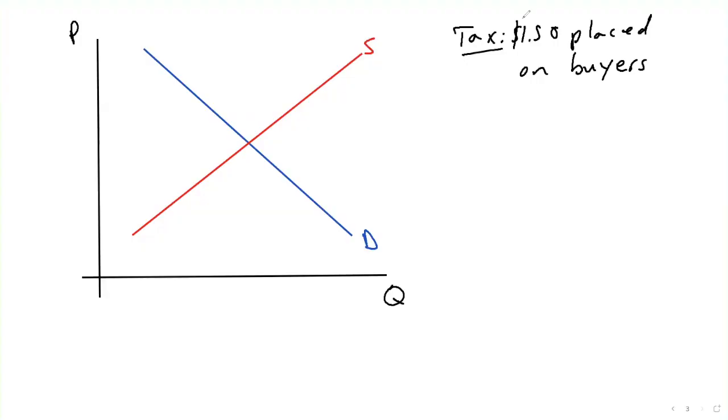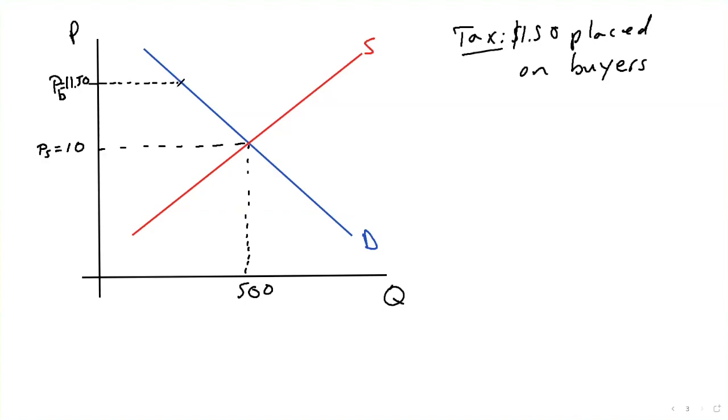So I'll explain this one more way, a little bit differently, because this can be confusing. Let's say this is our same market for pizza, and the equilibrium price is still $10, and the equilibrium quantity demanded is 500. Let's say that the price the seller receives is $10, and the price the buyer is going to pay is $11.50. So the buyer is absorbing the full burden of the tax.